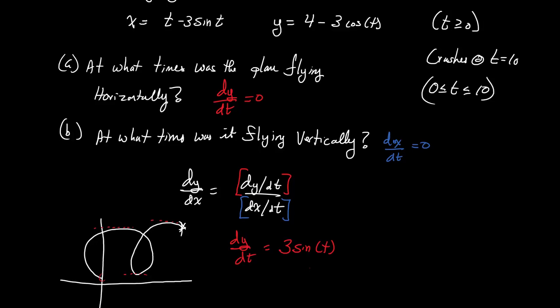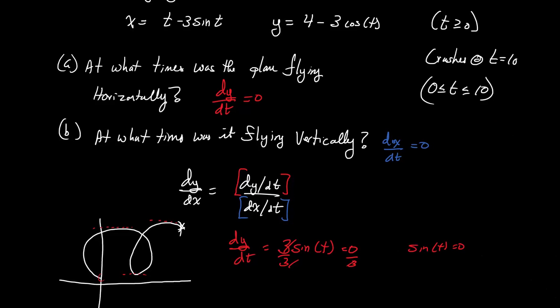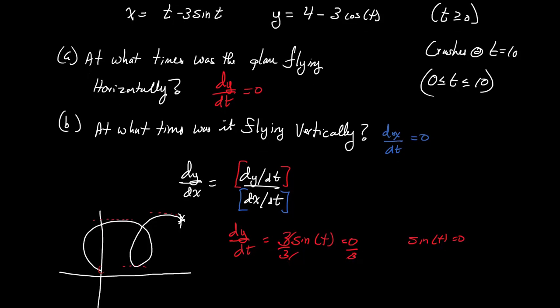So this will equal 0 in a couple of different circumstances. Yeah, this actually makes it easy. Divide both sides by 3. Then we're just looking for where sine of t equals 0, and this is between 0 and 10 seconds.